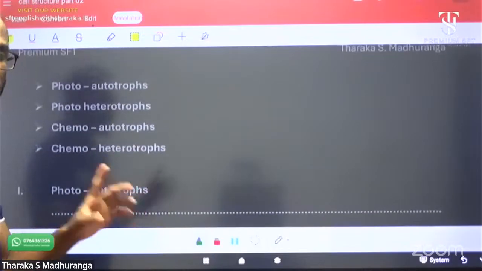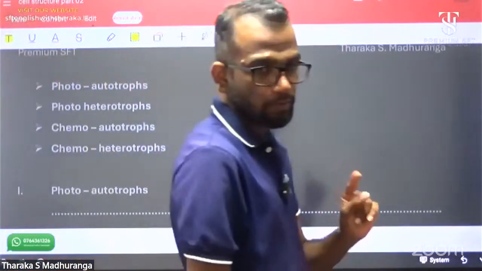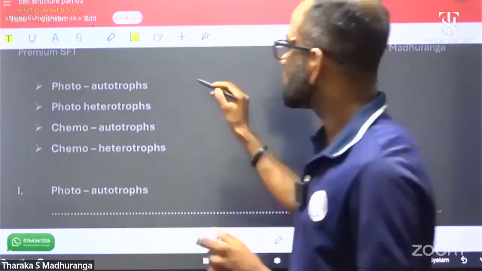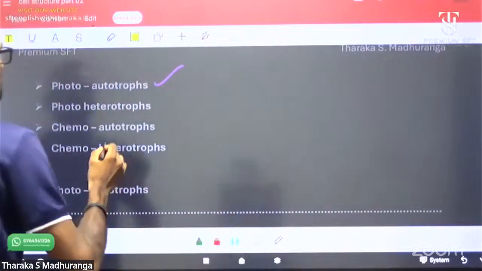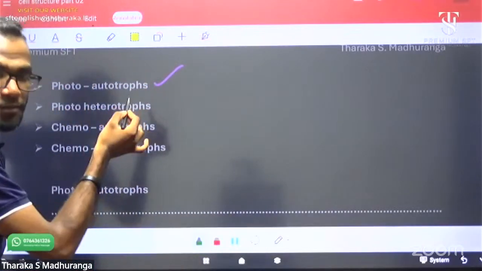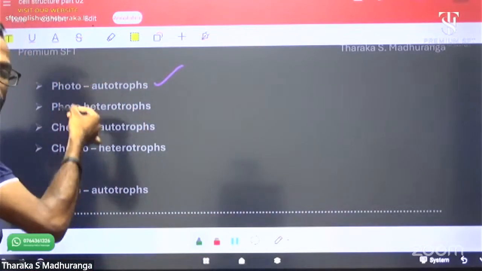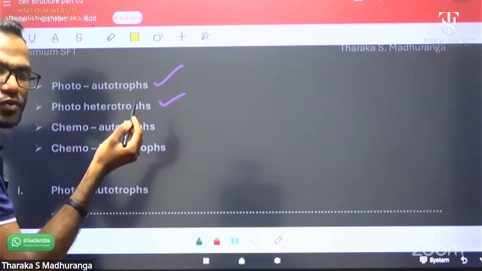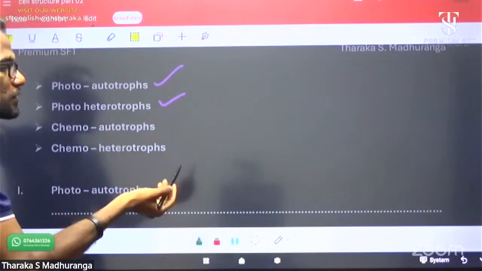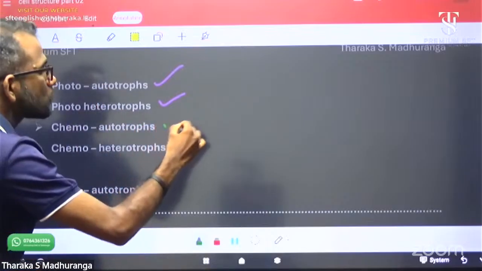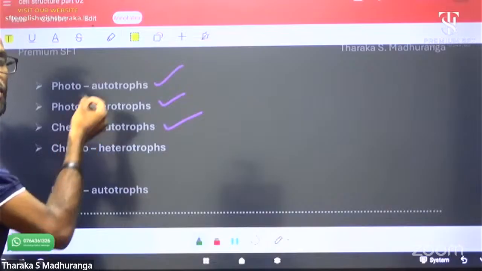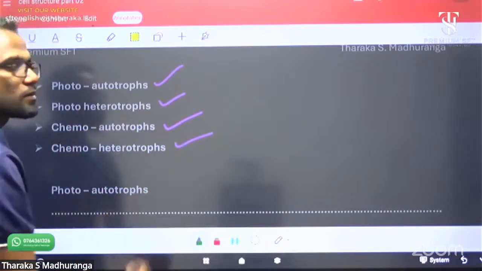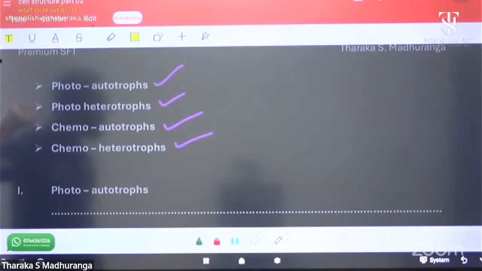These names are a little bit difficult, you have to remember. Photoautotrophs, it's very simple. The second one, photoheterotrophs. Third one, chemoautotrophs. Only the words change, there are four words. Chemoheterotrophs.